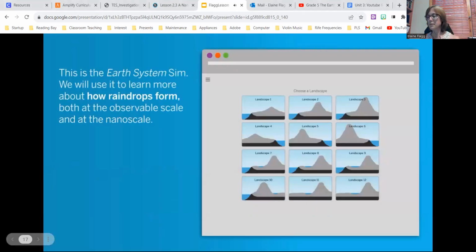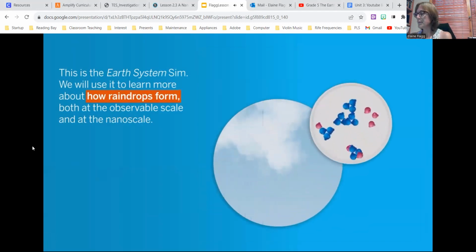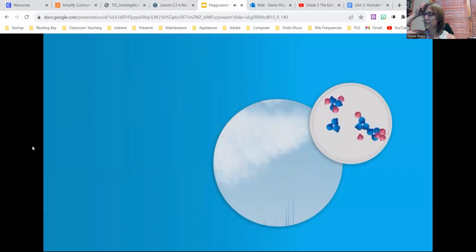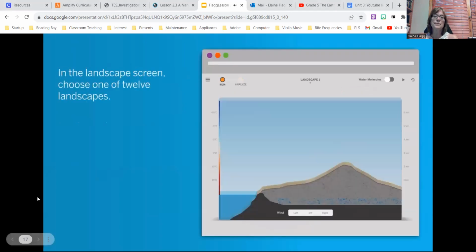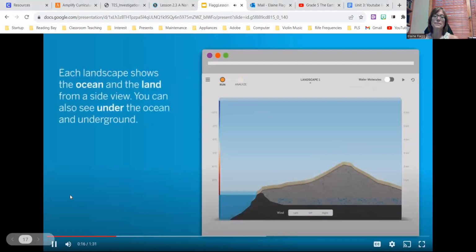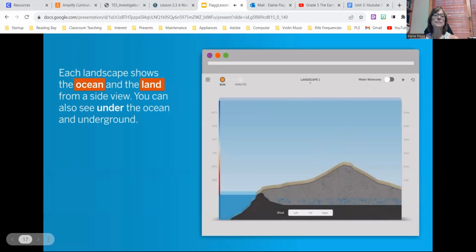This is the Earth System Sim. We will use it to learn more about how raindrops form, both at the observable scale and at the nanoscale. In the landscape screen, choose one of 12 landscapes. Each landscape shows the ocean and the land from a side view. You can also see under the ocean and underground.